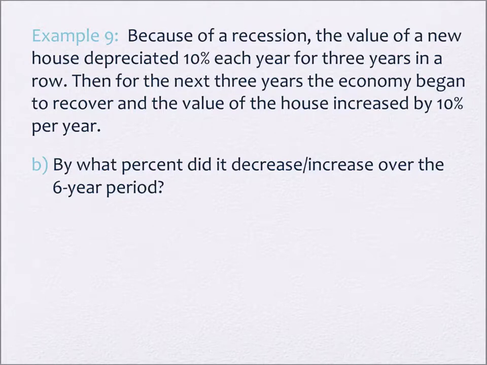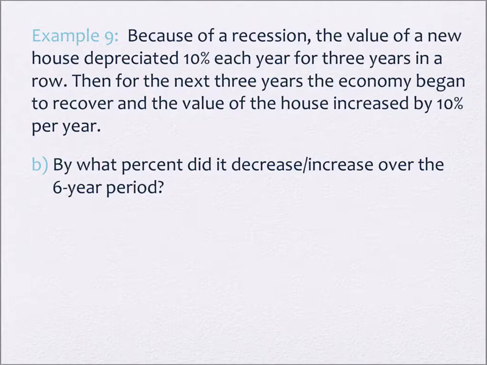Now, you might notice in this problem, they don't tell you how much the house is worth at all. There's nothing here that says how much it's worth. The reality is that it doesn't really matter. The percentages will work the same way whether the house is worth $50,000 or $250,000.